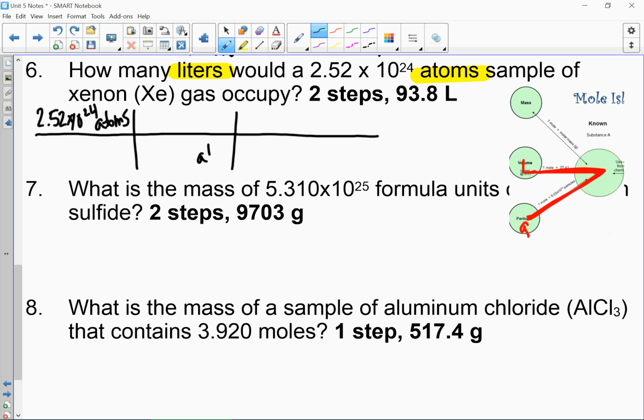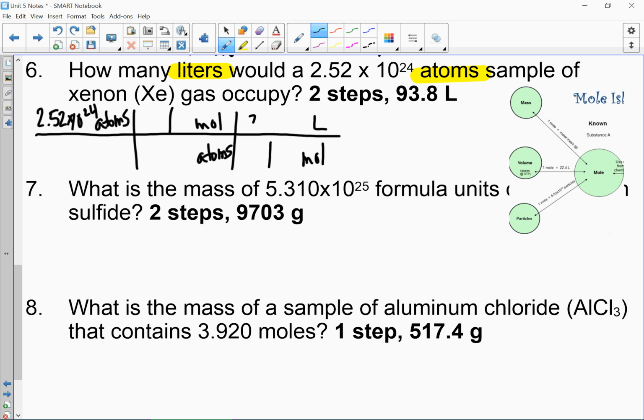Atoms up, atoms down. From that atoms island, the only place that I can go is to moles. That becomes my next unit. So I've got moles up, moles down. And the point of this is I want to go to liters. Now you're set to put your numbers in with your units.